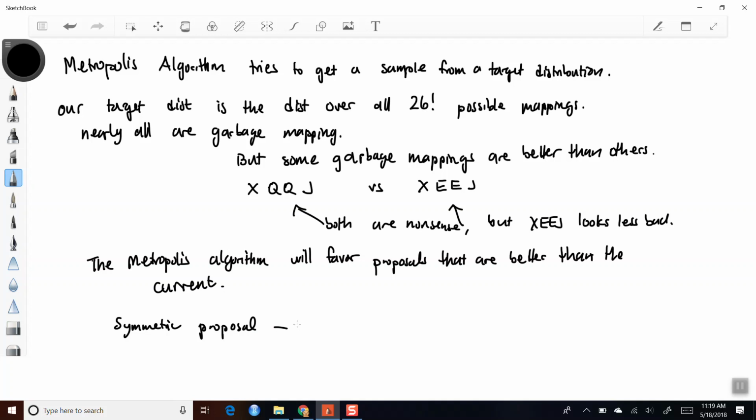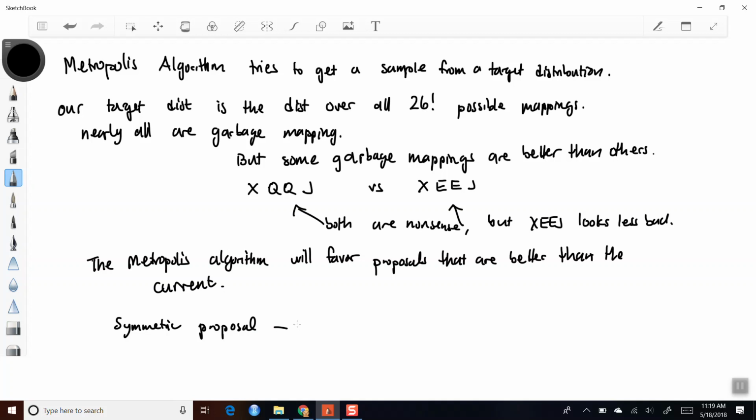Which means, if I make that switch, there's an equal probability of proposing the opposite switch, okay? Because all you do is randomly select two letters at a time. So it's 1 over 26 times 25, so 1 over 650.